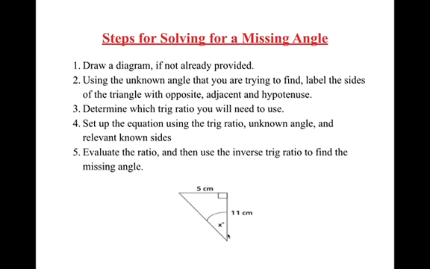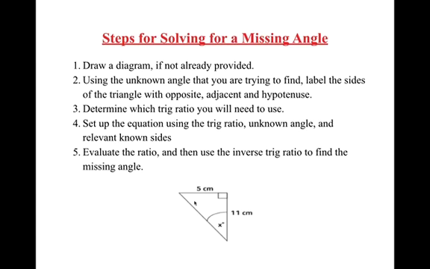So in this example here, the missing angle is x, so we would label our triangle based on that angle. So the 5 centimeters here would be the opposite, the 11 centimeters would be adjacent, and this is of course your hypotenuse because it's directly across from your right angle, okay? So draw your diagram, label your triangle opposite, adjacent, and hypotenuse.